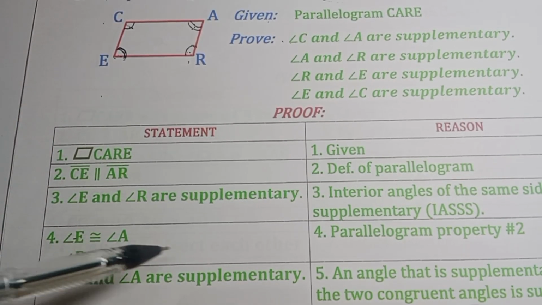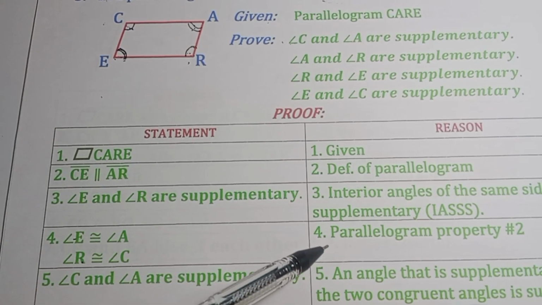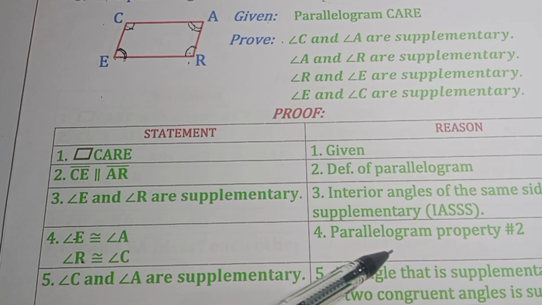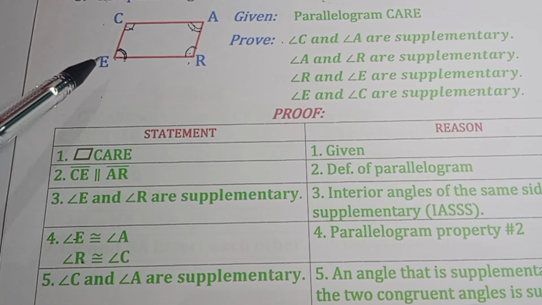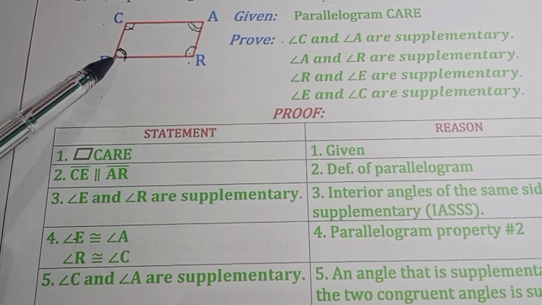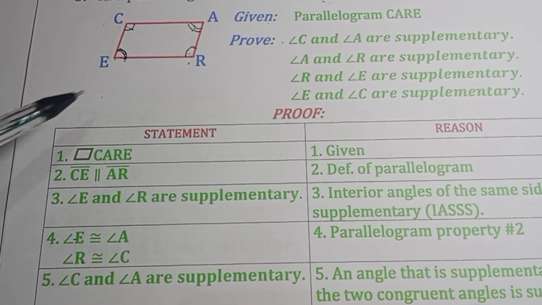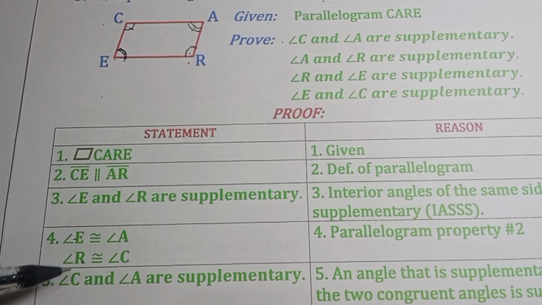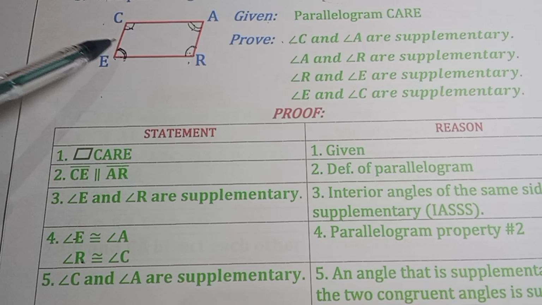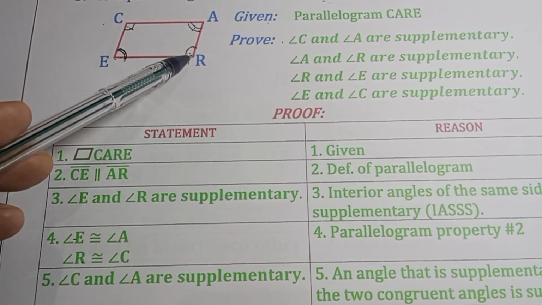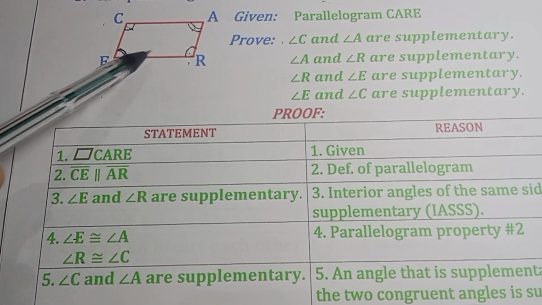We will reason from parallelogram property number 2. It says that opposite angles in a parallelogram are congruent. We can use that as our reason because it has been proven. Next is this one. Since these two angles are congruent, and these two angles are congruent, these are supplementary.